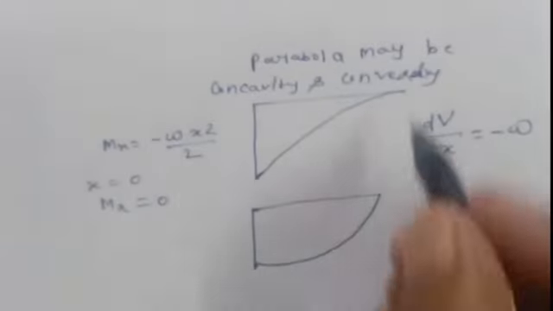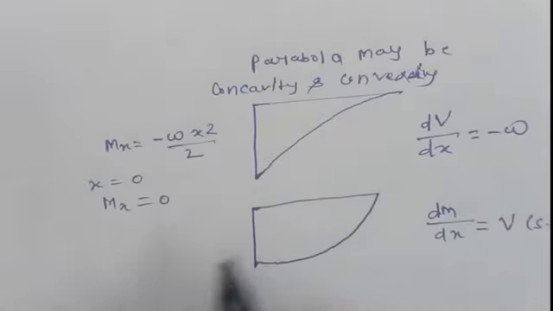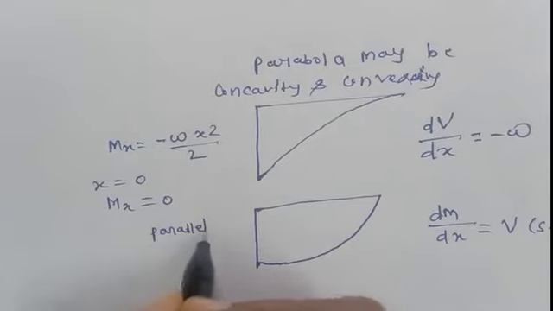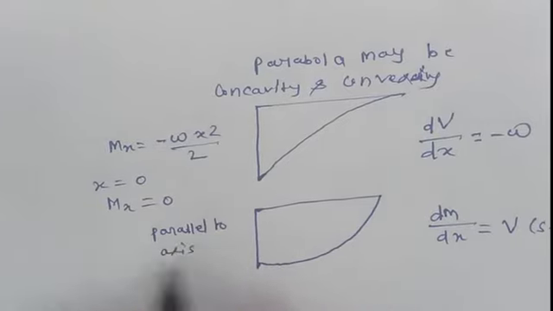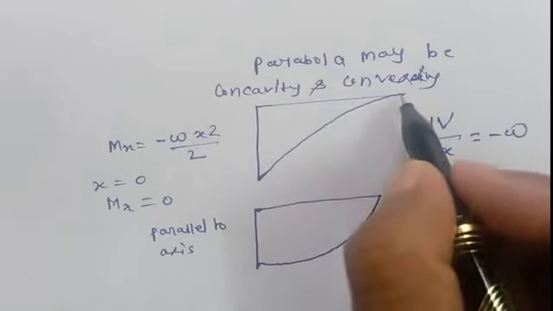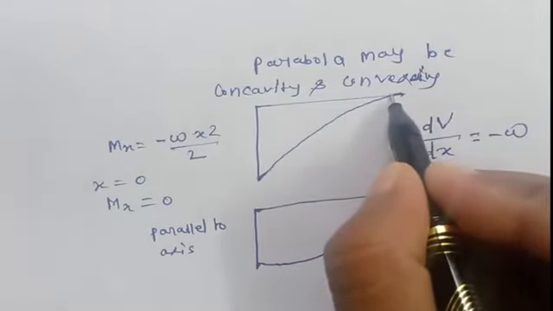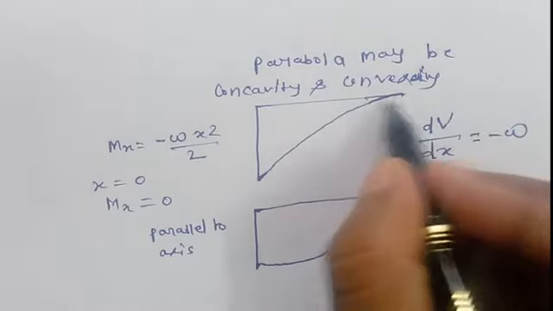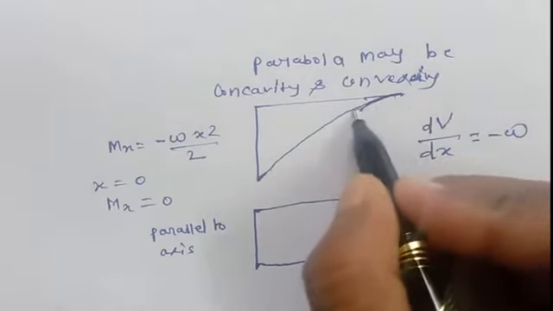In this diagram, bending moment 0 means the curve is parallel to the axis. Here you can see the first one is parallel to the axis, but in the second case it is not parallel to the axis.